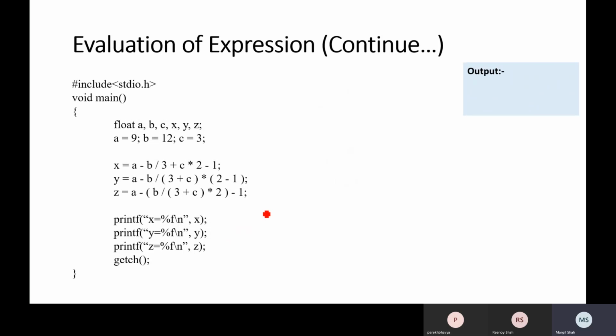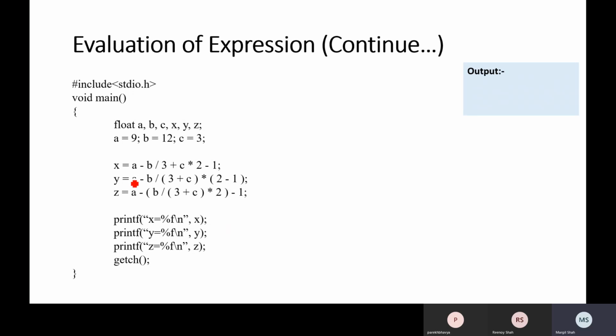Here we have one code starting with the stdio.h header file and void main. At the start of the code, I have declared variables of type float, named a, b, c, x, y and z. Now a equal to 9, b equal to 12 and c equal to 3.